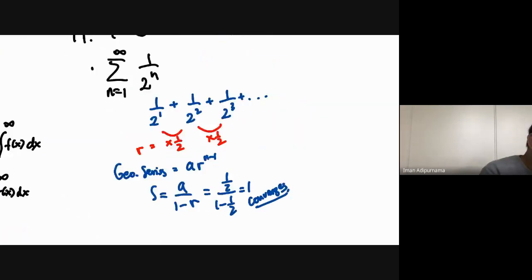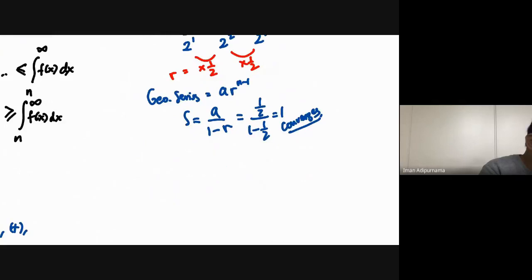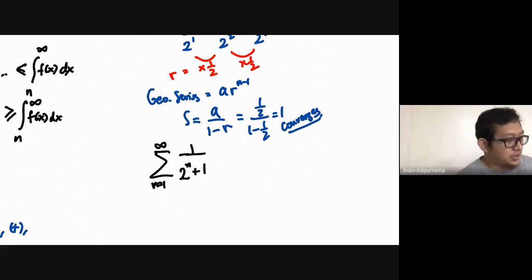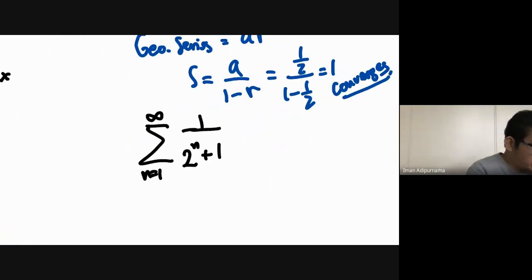Now the second one, similar but different: 1 over 2 to the power of n plus 1. Is it converged or diverged?